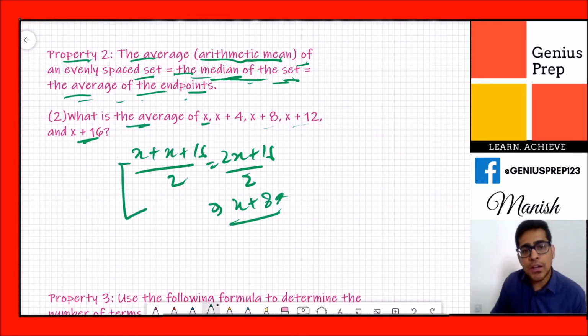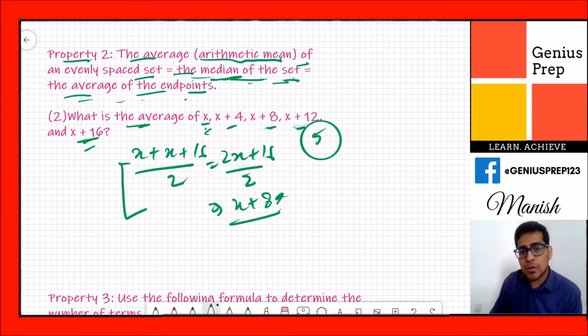The second way of doing it is the smarter way. Whenever you have an arithmetic series and the number of terms is odd, like x, x plus 4, x plus 8, x plus 12, x plus 16, how many terms are there?